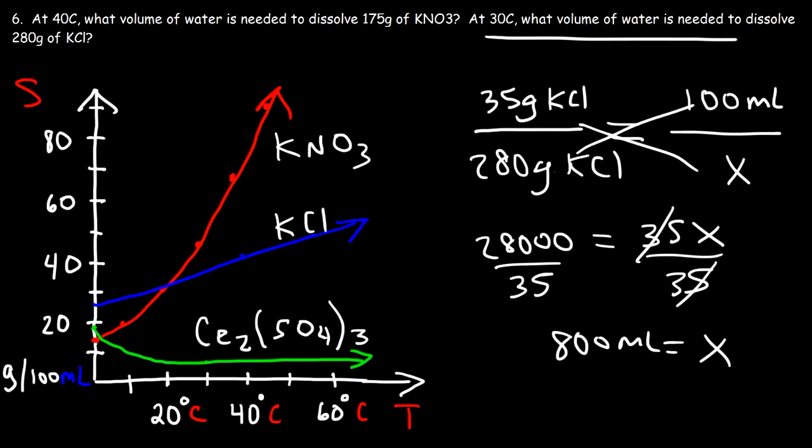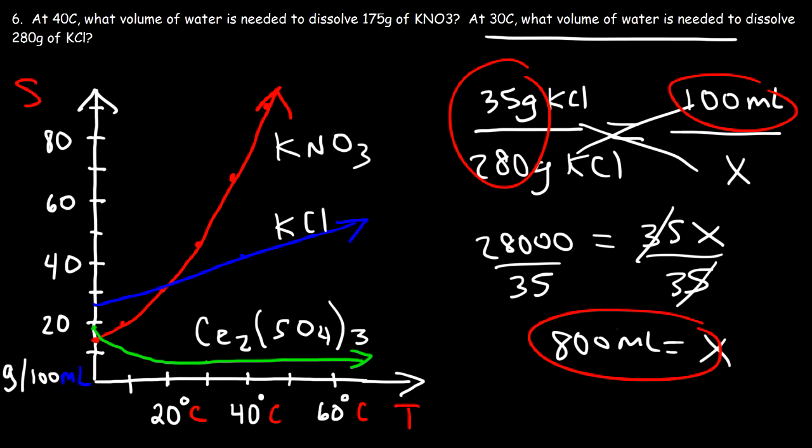So if you take 280 and divide it by 35, we needed to increase the mass of KCl by a factor of 8. So 100 times 8 will give you 800. So now you know how to determine the volume of water that you need to dissolve a certain amount of substance at any given temperature.